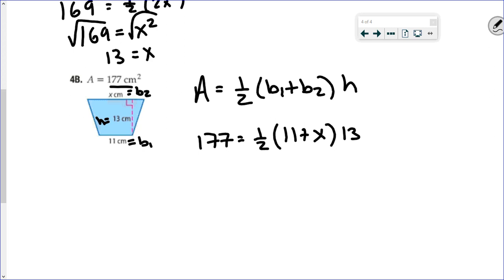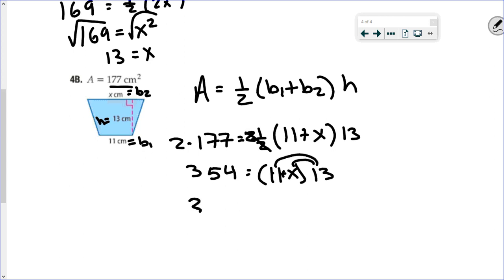So just some algebra to do here. I'm going to multiply both sides by 2 to cancel my fraction. That gives you 354 equals 13 times 11 plus x. A little distributive property here: 354 equals 13x plus 143.